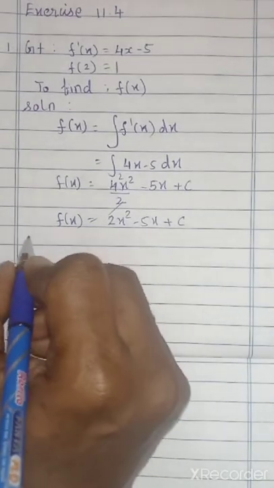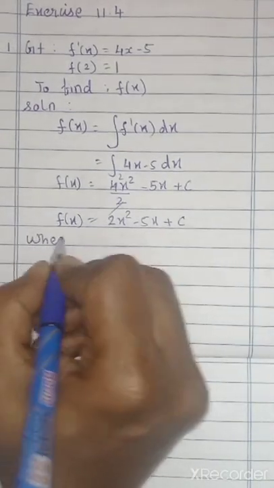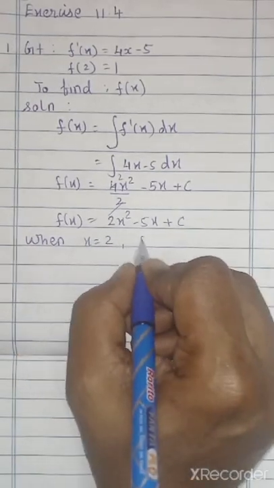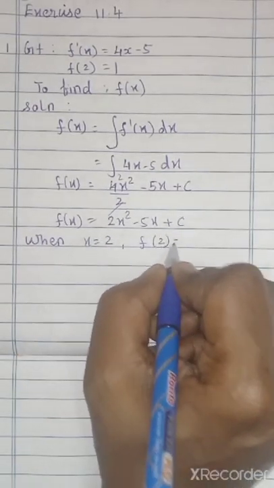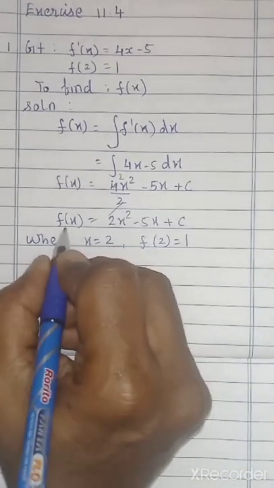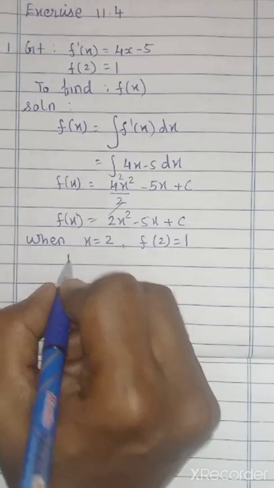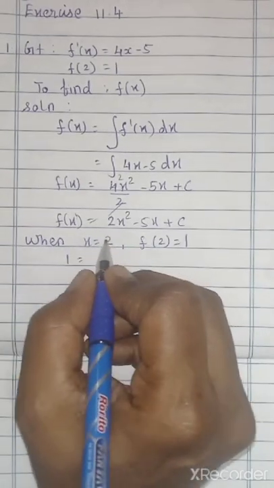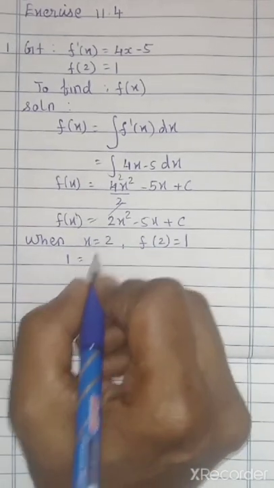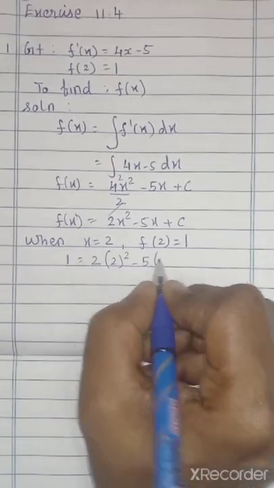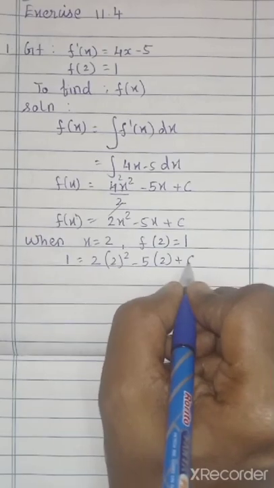And also it is given that when x equal to 2, f of 2 is what? 1. So we are going to substitute 1 instead of f of 2. So 1 equal to, instead of x put the value 2, 2 into 2 square minus 5 into 2 plus c.